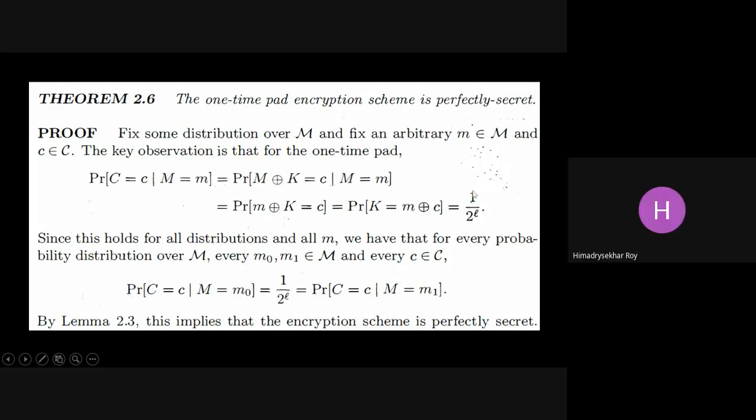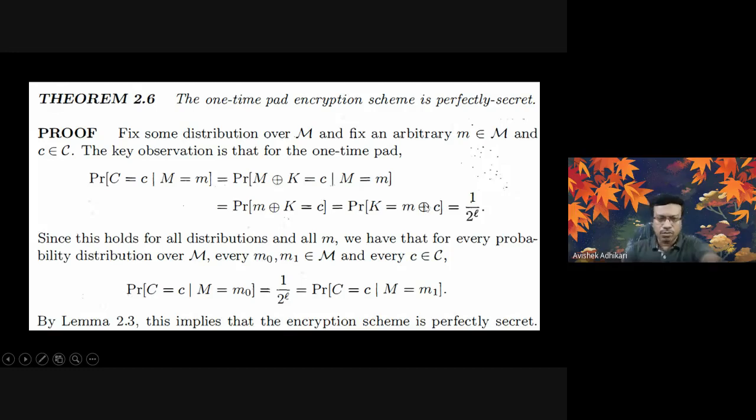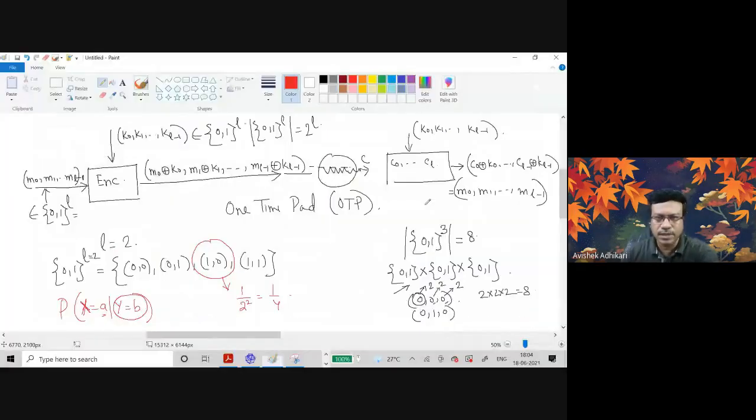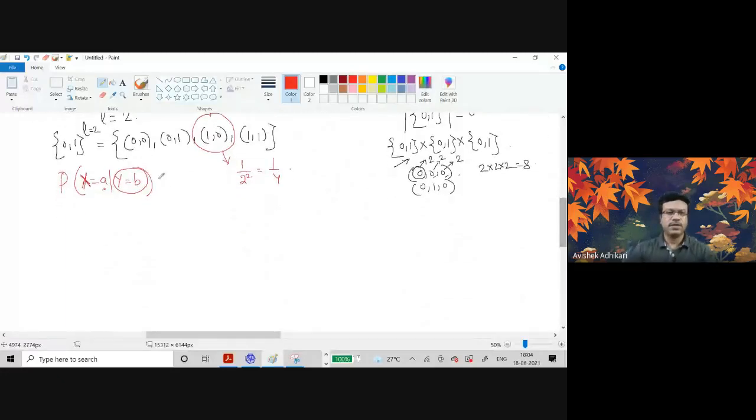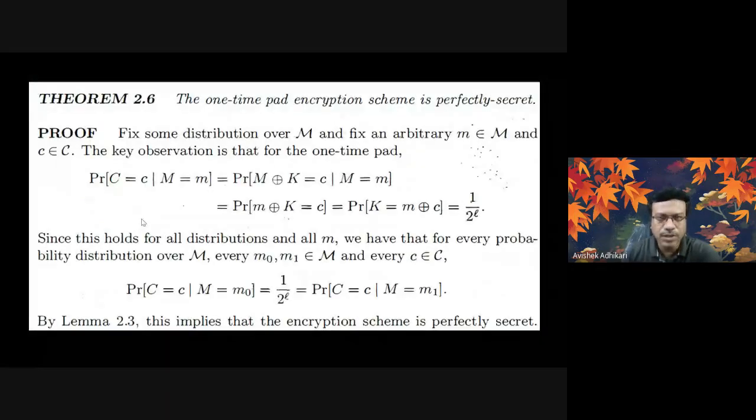Sir, is there any other M which is Xor with the other key to get the same ciphertext C? Okay, so what will happen then? Let's see what you're trying to say. Suppose what is your fixed? M is fixed, right? Could you please repeat your question? Yes.